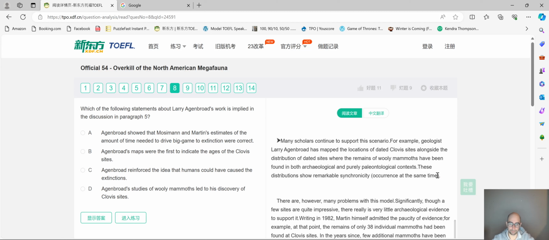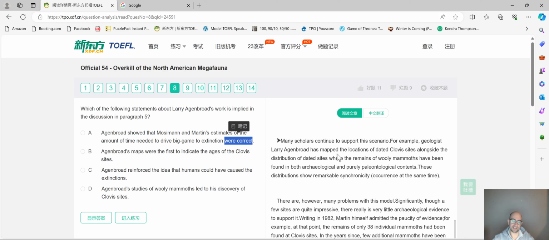Based on my understanding, Larry Agenbroad, that was our subject, is trying to provide proof or evidence or some kind of clue that this scenario is real, that perhaps humans did wipe out these animals. So which of these reflects that? "Agenbroad showed that Mosimann and Martin's estimates of the amount of time needed to drive big game to extinction were correct."